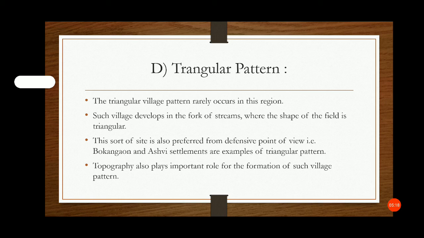This sort of site is also perfect from a defensive point of view. There are some local examples. Topography also plays an important role in the formation of such village patterns.